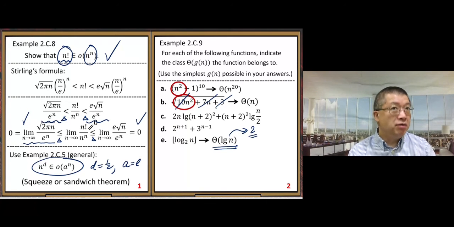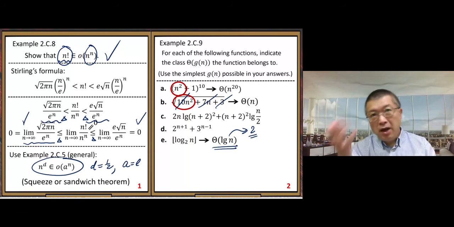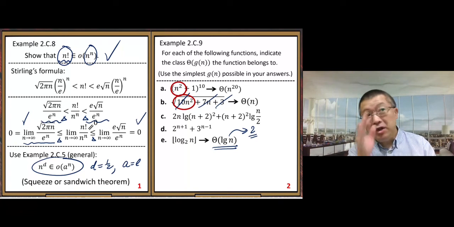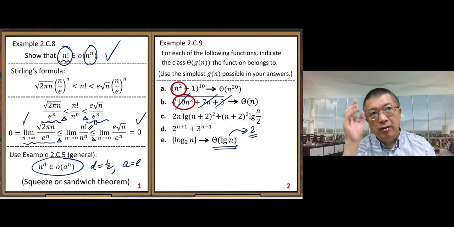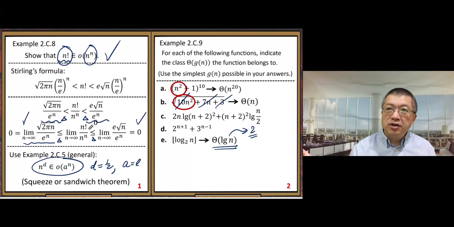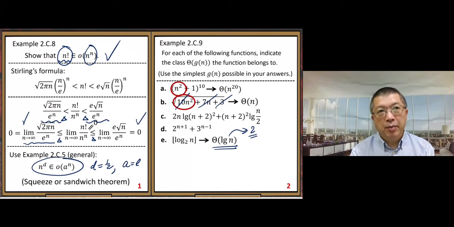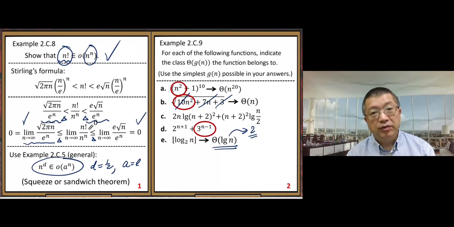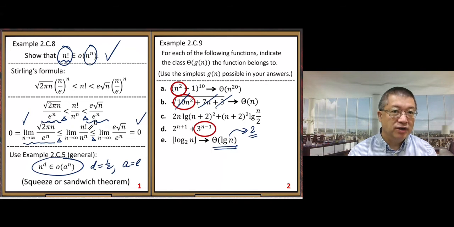In math, other than e, natural log, the most popular base is 10. But in CS, computer science, the most popular base is 2. But here, no matter what base it is, we can easily change that. Later we will see that.